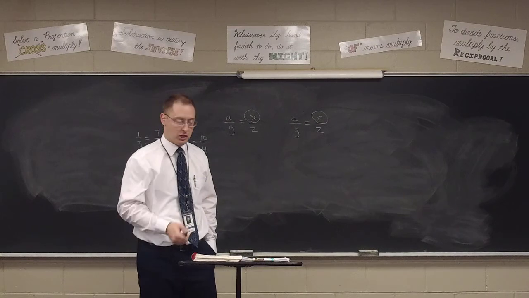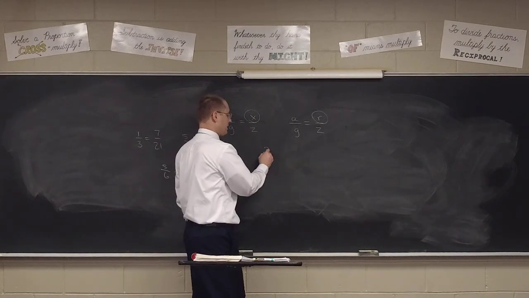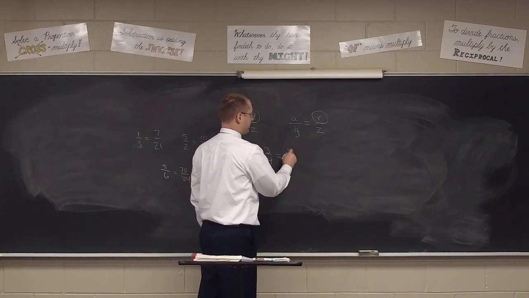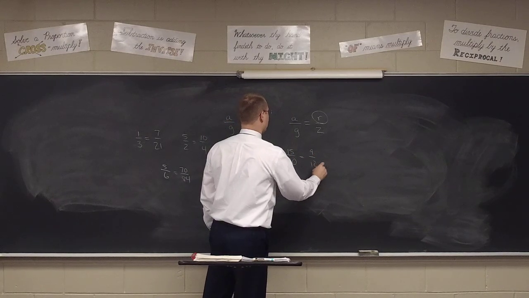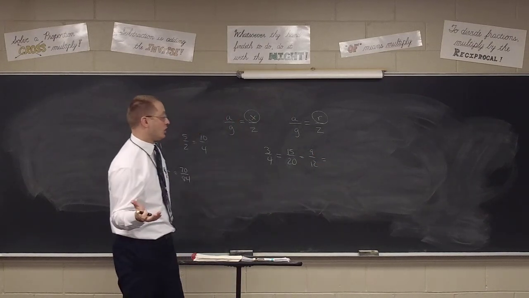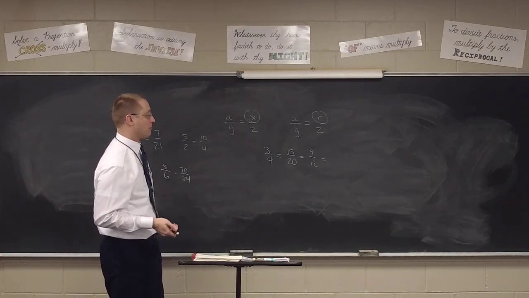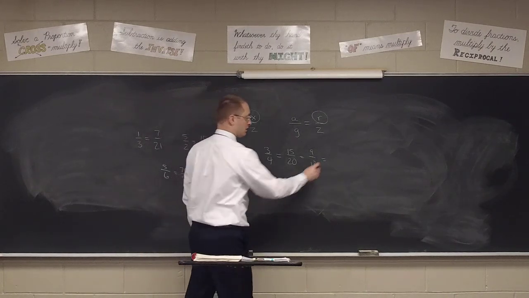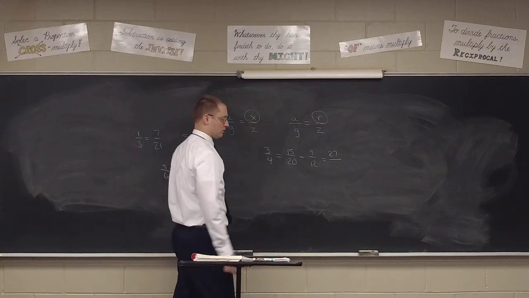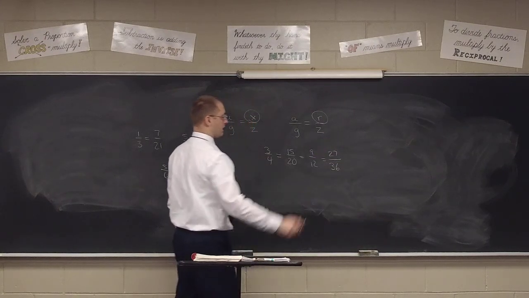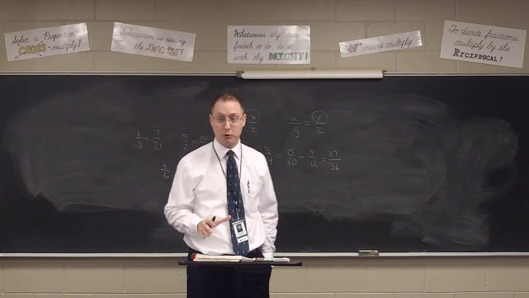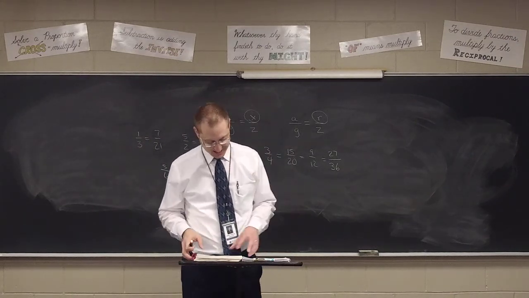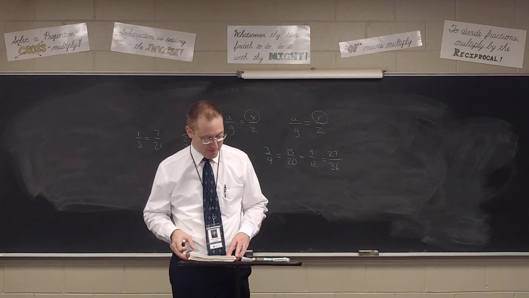So again, if I had 3 is to 4, as 15 is to 20, as 9 is to 12, I could make a new ratio equal to all of those. What new ratio might we make here, class? 27 over 36. And there we go. Make sense? All right, so those are your properties that we need to have memorized, right? And I can tell some of you have varying degrees of memory on those.